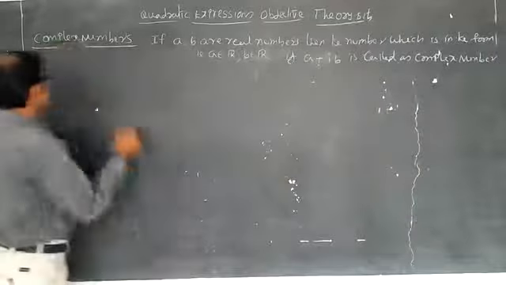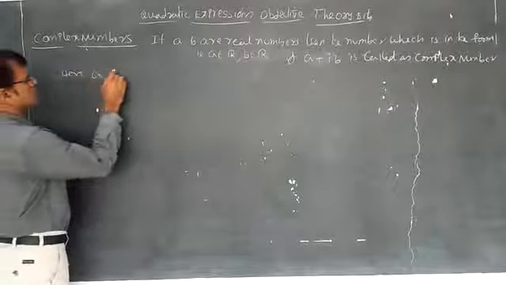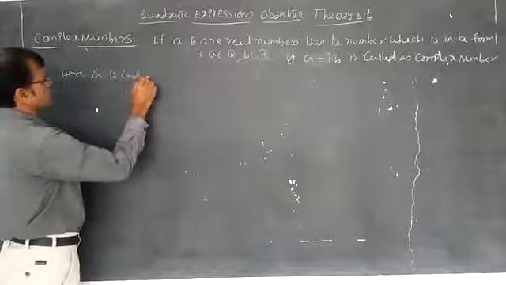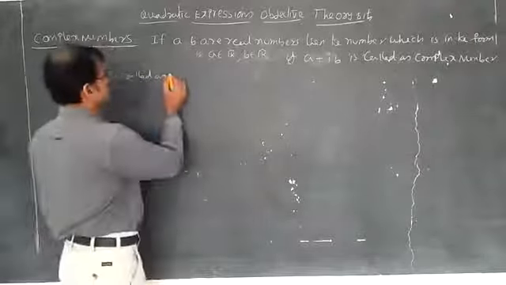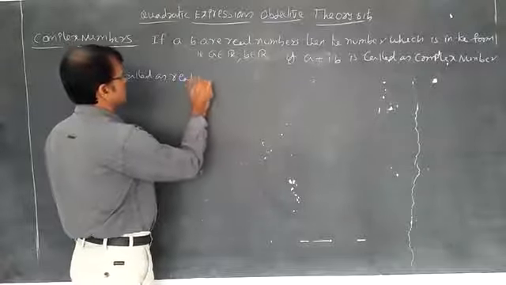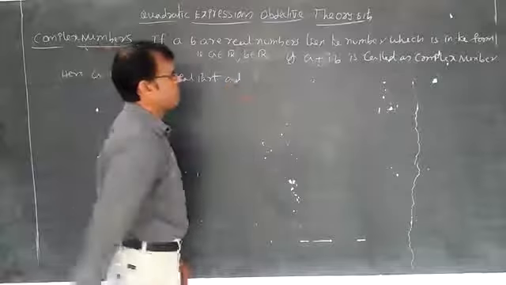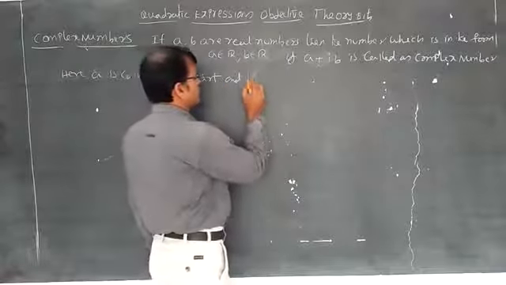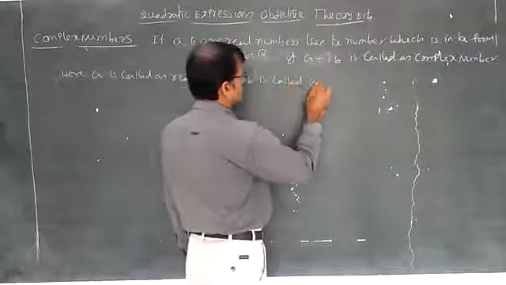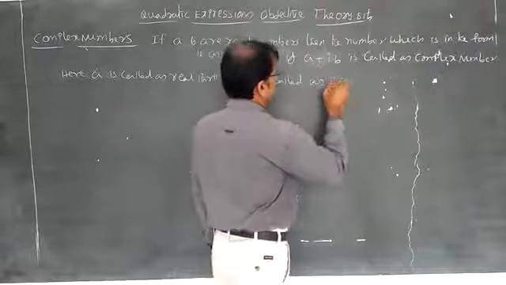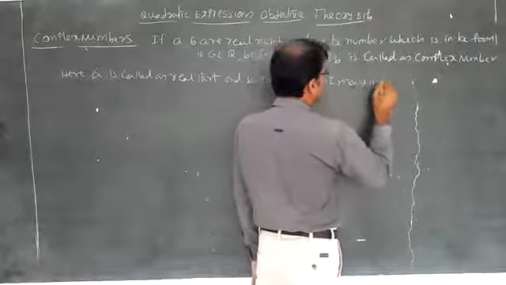In this complex number, a is called the real part and b is called the imaginary part.